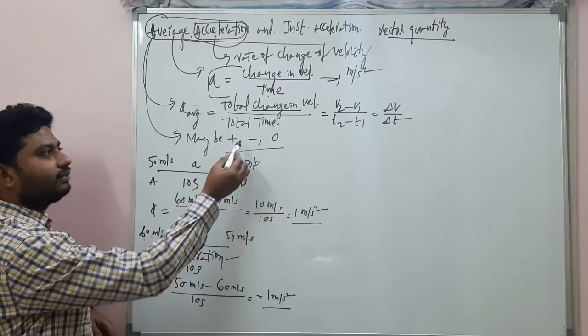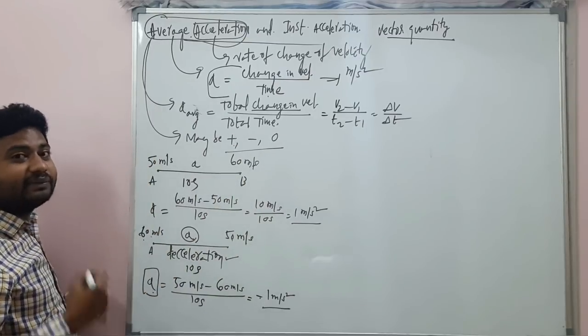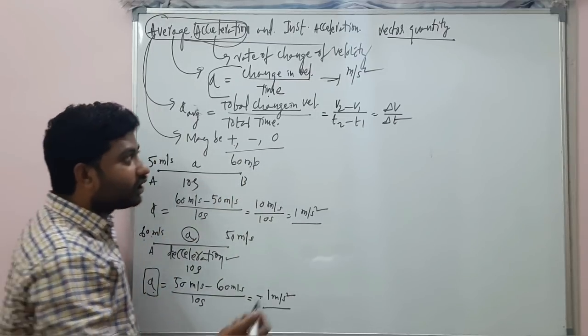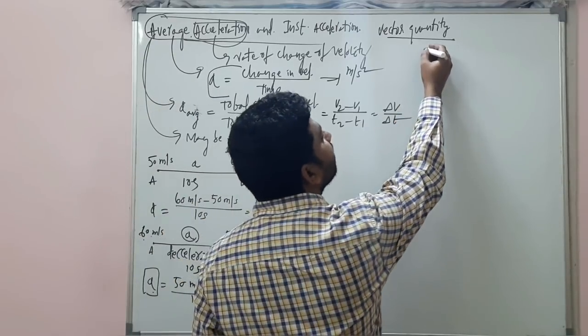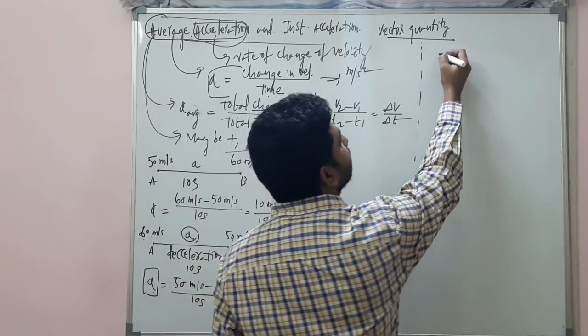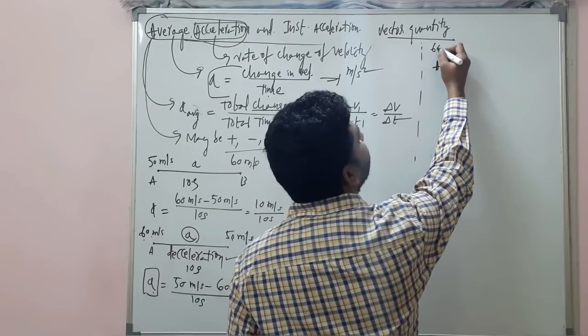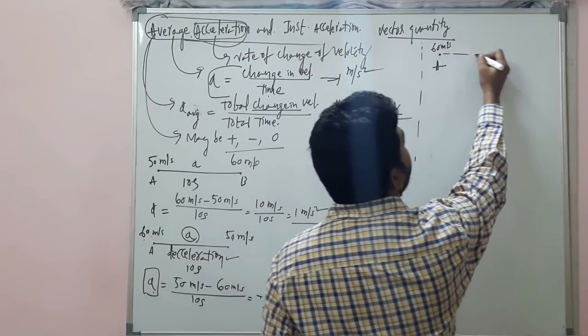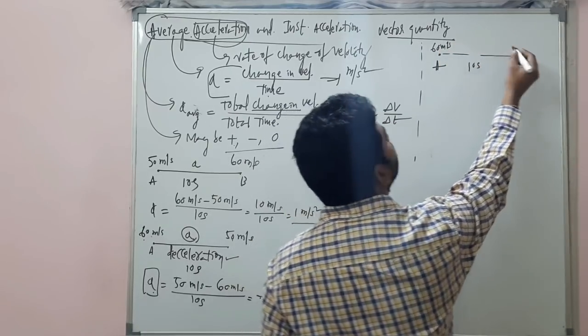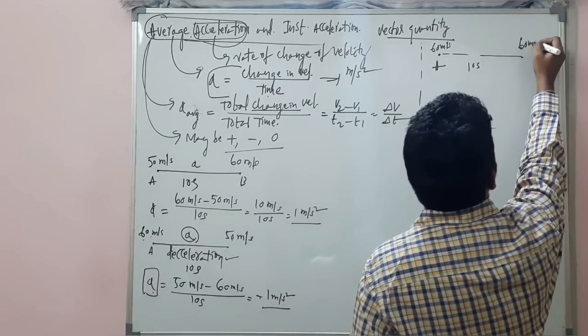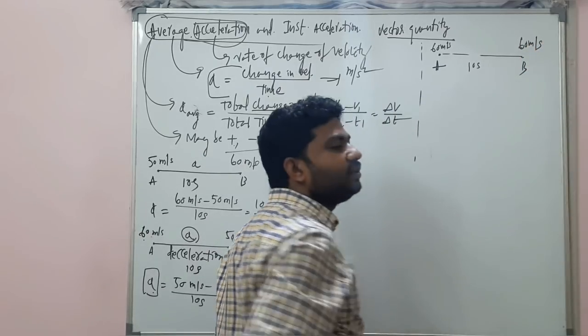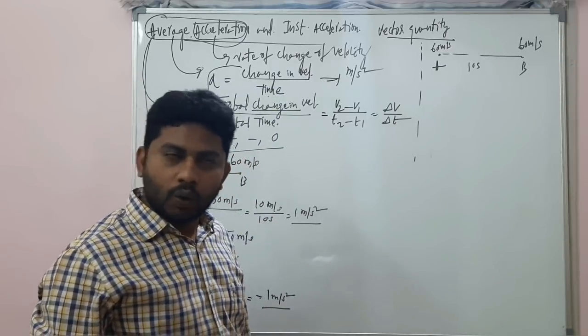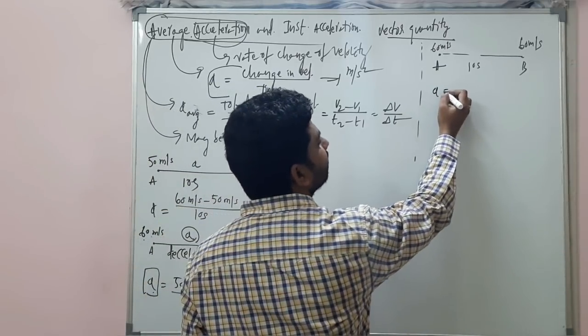So acceleration can be positive or negative, and it can be zero also when the body is moving with constant speed, right? Look at the interesting thing. The body is starting from A with 60 meters per second. After 10 seconds also, the body is found moving with the same 60 meters per second. What is acceleration here, my dear children?